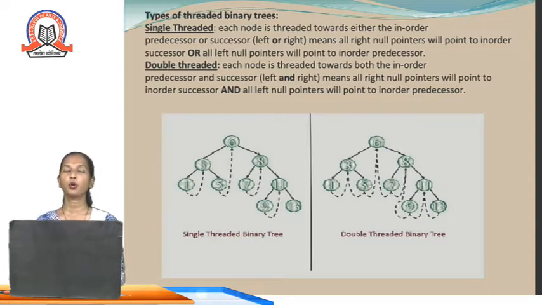It is going to point to the in-order successor or the in-order predecessor. According to the traversals, there will be three types of trees: in-order threaded binary tree, pre-order threaded binary tree, and post-order threaded binary tree.